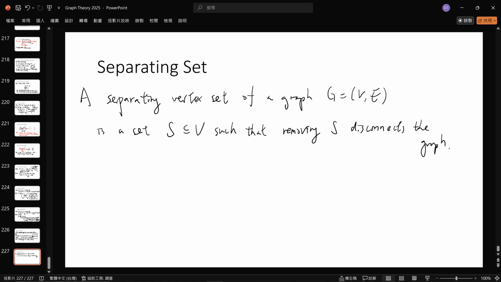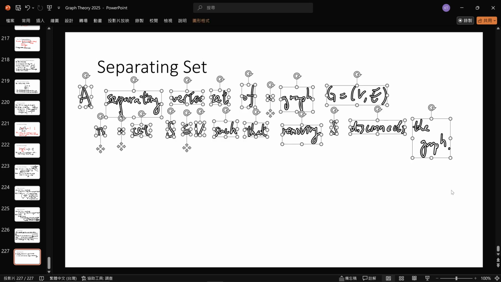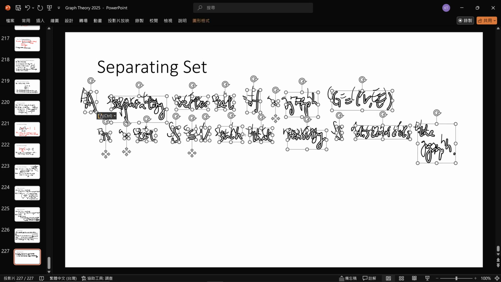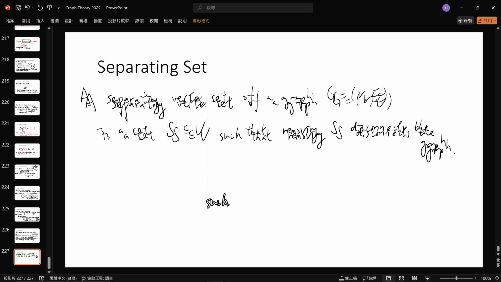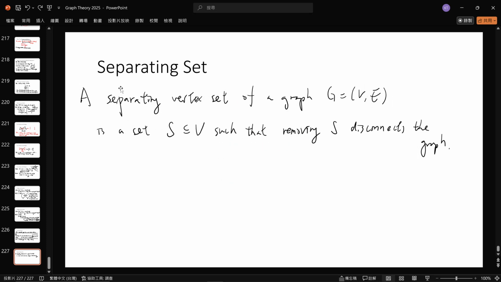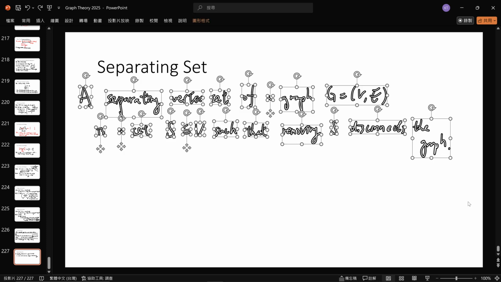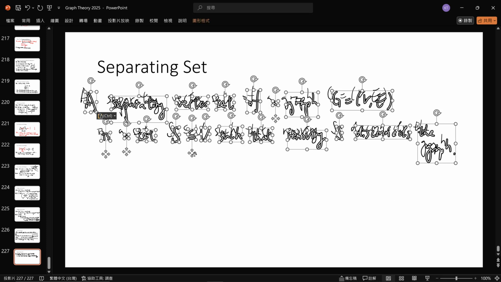Okay, so yeah, the definition is very similar to the set we've seen in the definition of connectivity. Okay, so this is a separating vertex set.